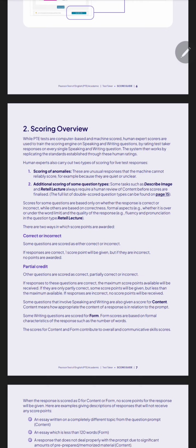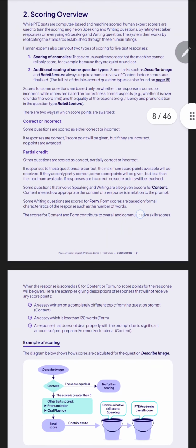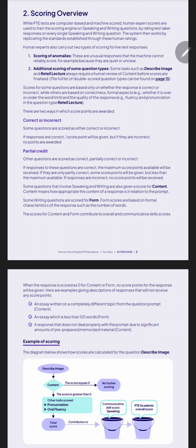The scores for content and form contribute to overall and communicative skill scores. When the response is scored as 0 for content or form, no score points for the response will be given. Here are examples and descriptions of responses that will not receive any score points.